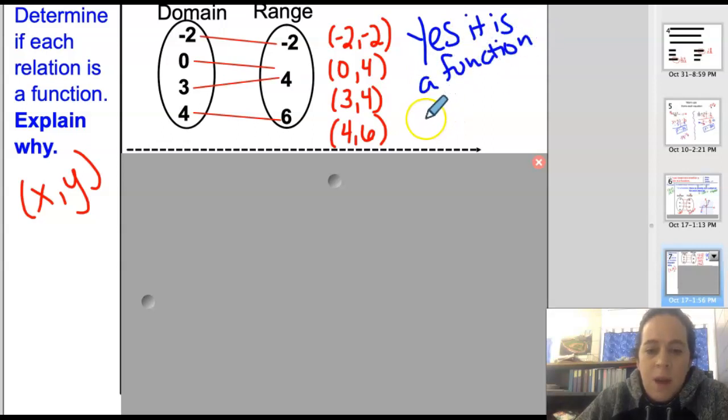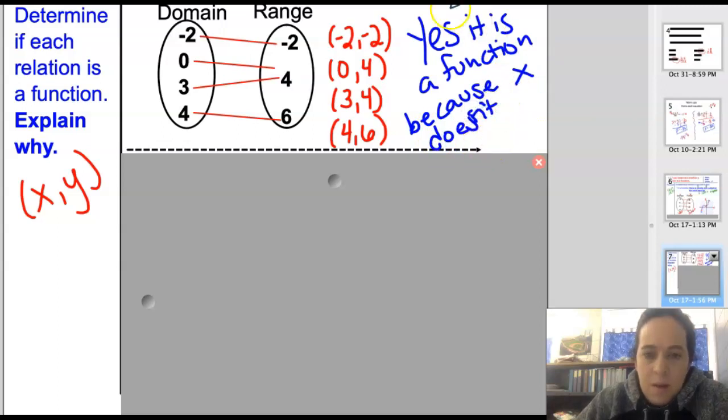And we know it is because x doesn't repeat.